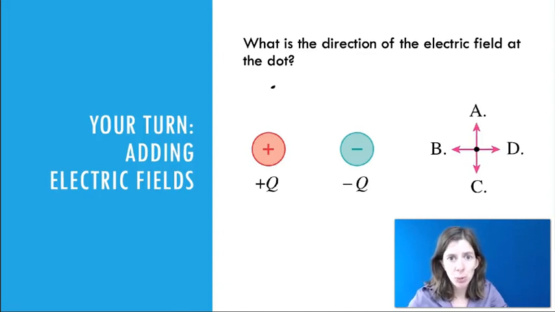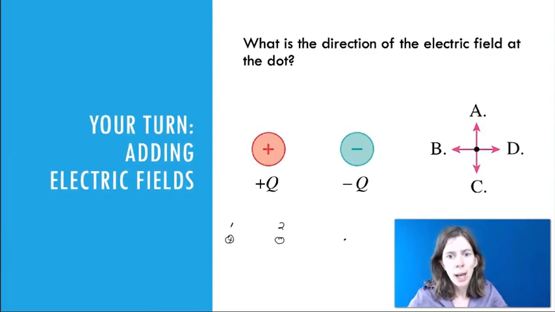So if we cared about a point over here, we would say, okay, there's an electric field this way due to this charge. But we care about a point over here. So I'm going to redraw the charges just so that I have more room. Okay, and I'm going to call this number 1 and this number 2.